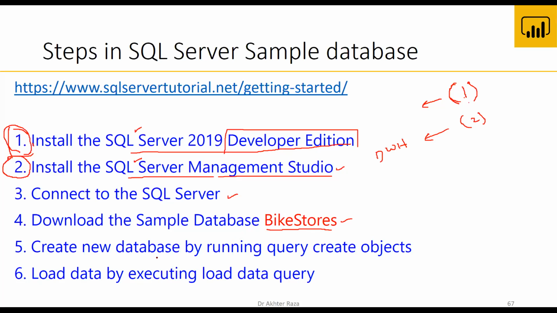After creating the database, you have to run the queries and create the objects. What are the objects in the database? The most important objects are the tables. So after creating the database, you have to create the tables. SQL scripts are given.